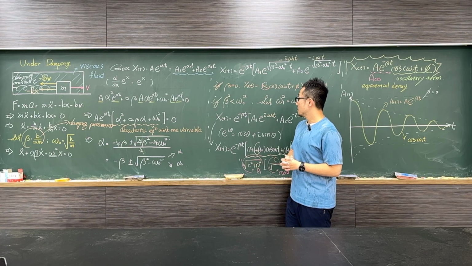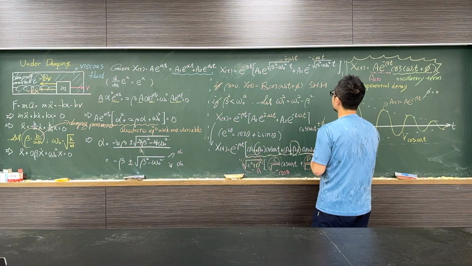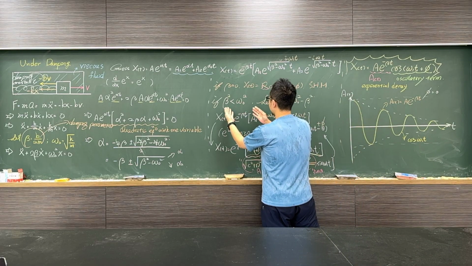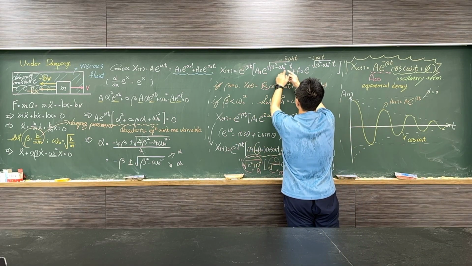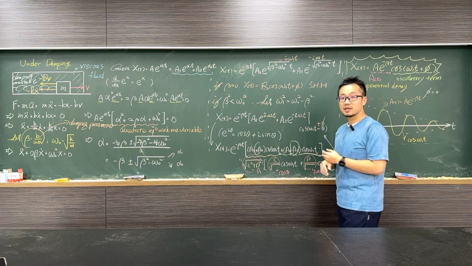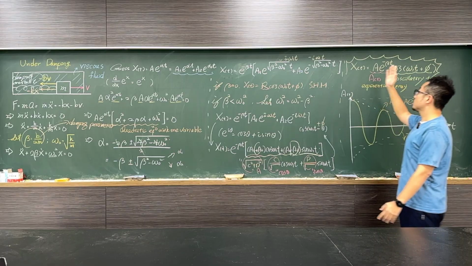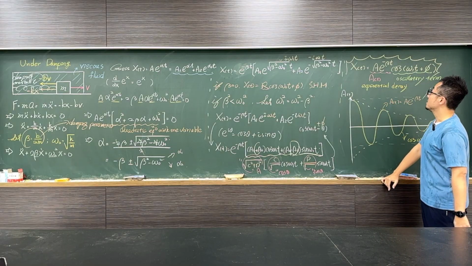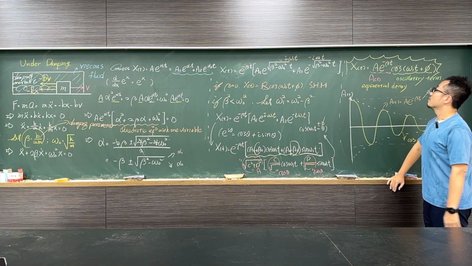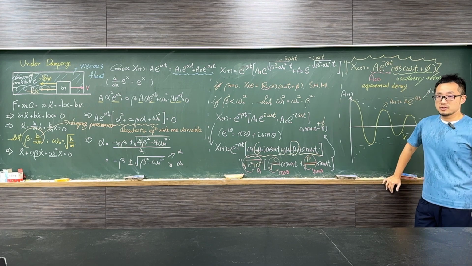All right, if this happens, you can simply let the omega naught square minus beta square, under a square root, be omega 1, and keep simplifying all this, and you can get the final solution. The x as a function of time is A times e to the minus beta t, and this is the amplitude as a function of time.